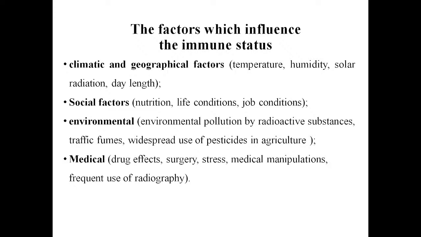And medical factors like drugs, surgery, stress, medical manipulations, and frequent use of radiography. Radiography, X-ray of the lungs, for example. Frequent use. Normally, to use it 1 or 2 times in a year, but no more. Sometimes we need to do it more often.